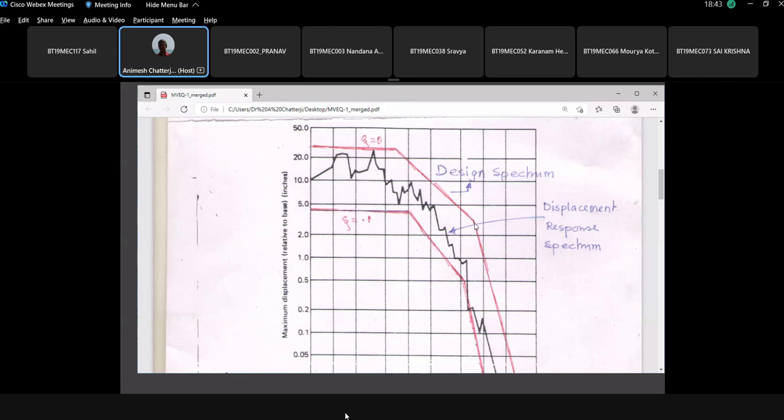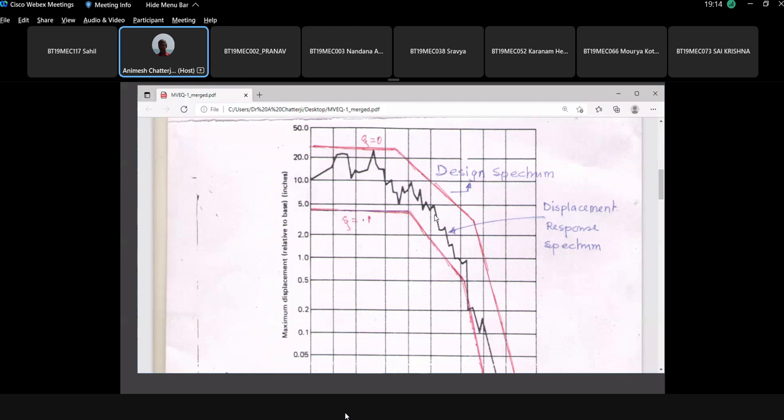Now, one can possibly ask why the design spectrum should be different from the response spectrum. There is a reason. The response spectrum is calculated assuming that wherever the earthquake has been measured, the earthquake remains the same in the whole area. It may not be.